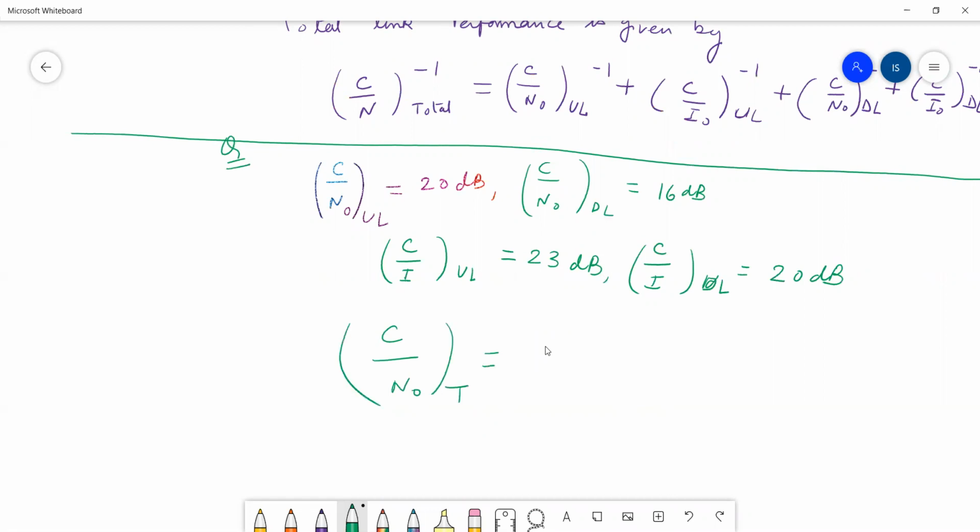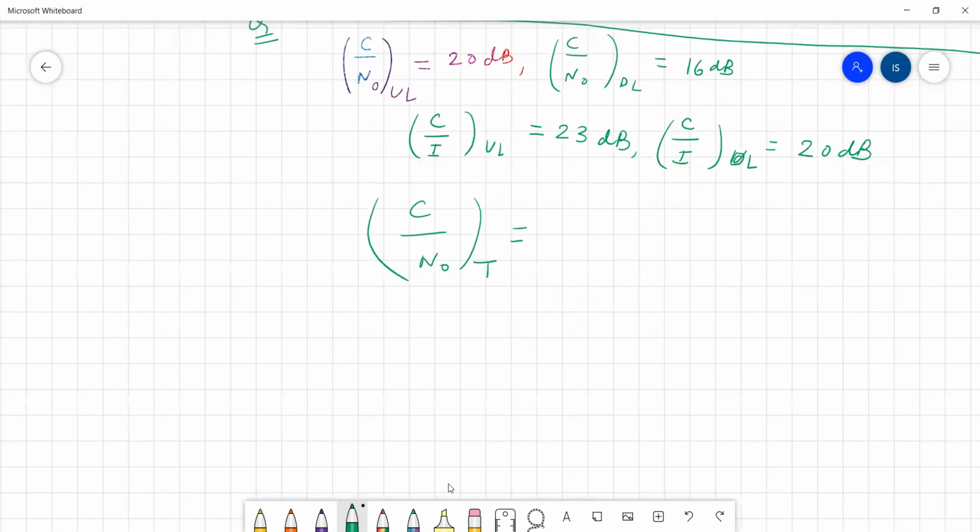Okay, so in the previous question we calculated the total C by N naught. Then we will add to that the C by I of uplink and C by I of downlink. So what is the value of C by I of uplink?